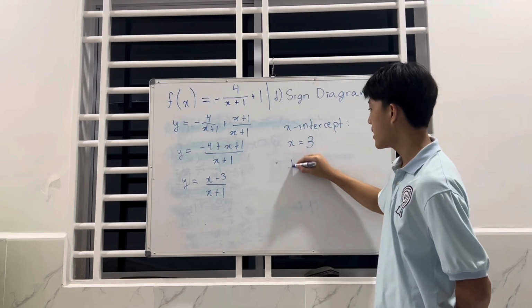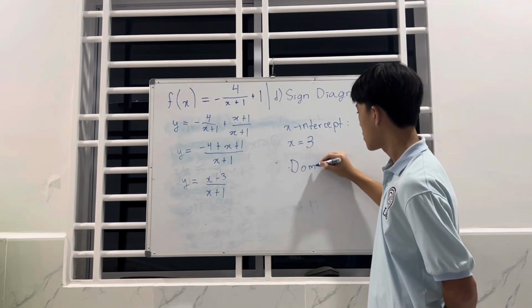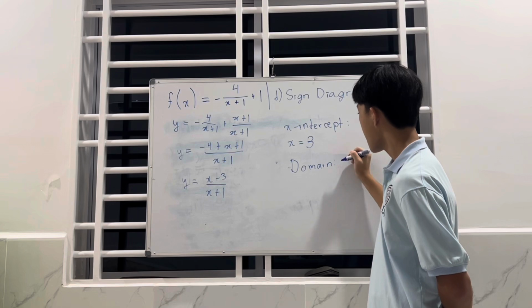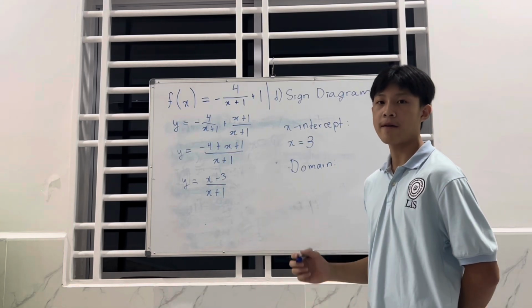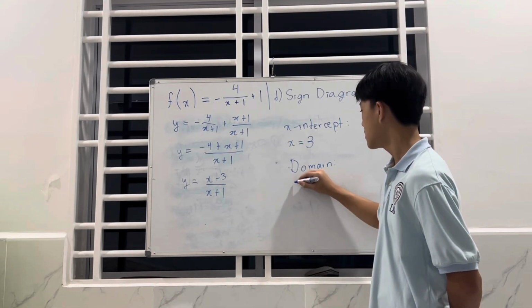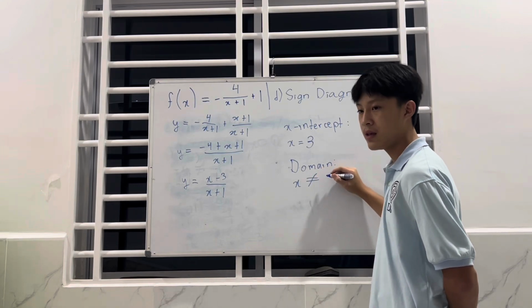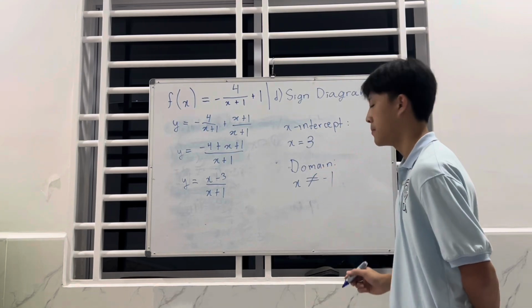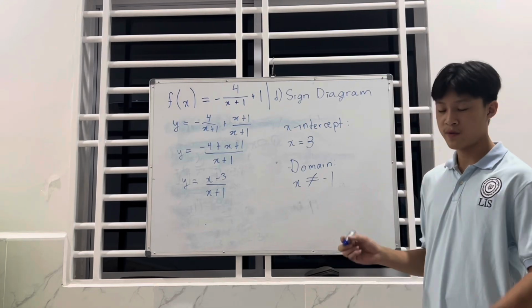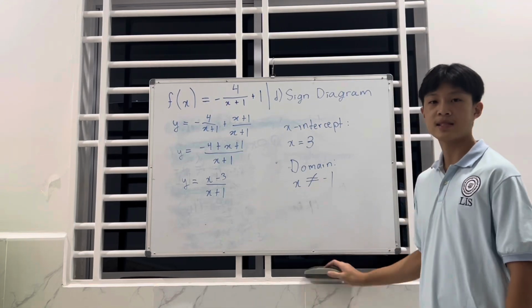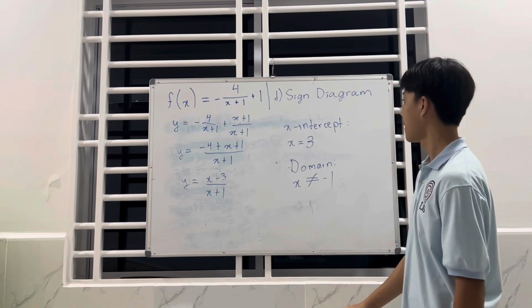And our domain, we have found that x cannot be -1. And now we're going to move on to do the sign diagram.